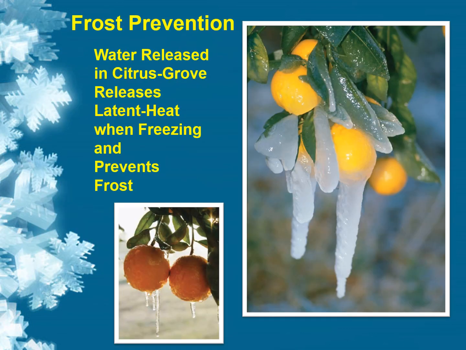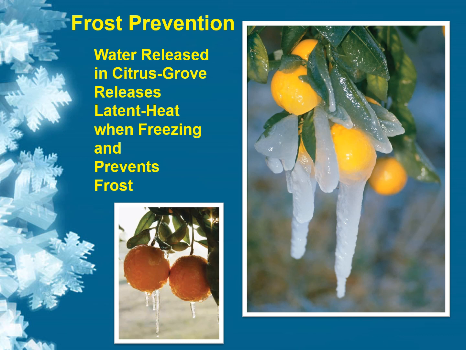Okay, so frost prevention is a real thing, and we still do it, and there is success with this. So what happens is, say Florida, California, citrus fruits, but there's frost in the forecast, and you don't want all of your crops to be ruined. So if you release water in citrus groves, what this does is it releases latent heat when you get ice to form around that fruit and can prevent frost.